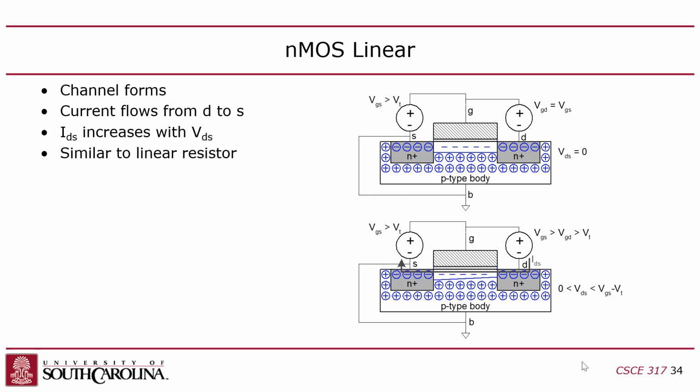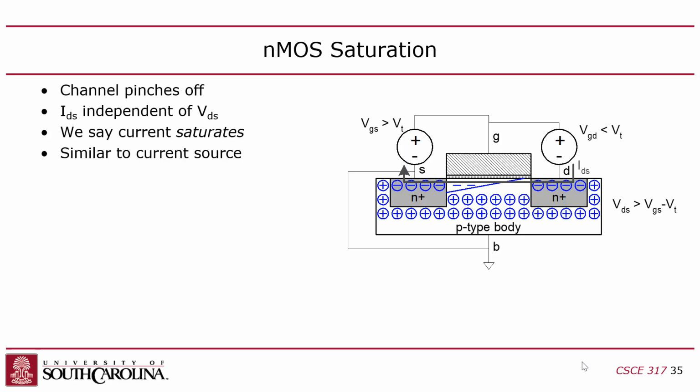However, at a certain point, as you increase the source-drain voltage, the gate-channel voltage starts to get pinched off near the terminal with the higher voltage. And the reason is that the channel voltage is a gradient.